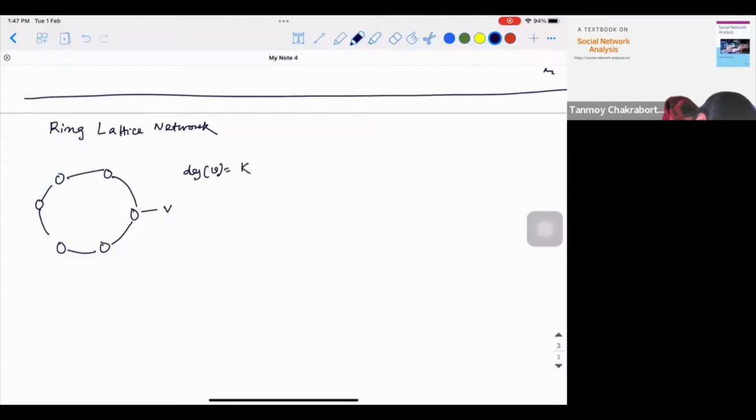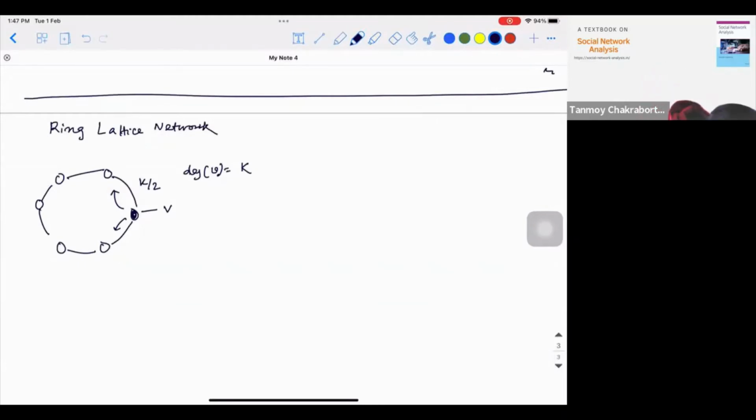So it's a regular graph in that sense. Okay, so degree is fixed. And how are the neighboring nodes connected? The connection of neighboring nodes for a particular node follows a particular principle. The principle is that the node v is connected to k by 2 immediate neighbors on its left side, and k by 2 immediate neighbors to the right side.